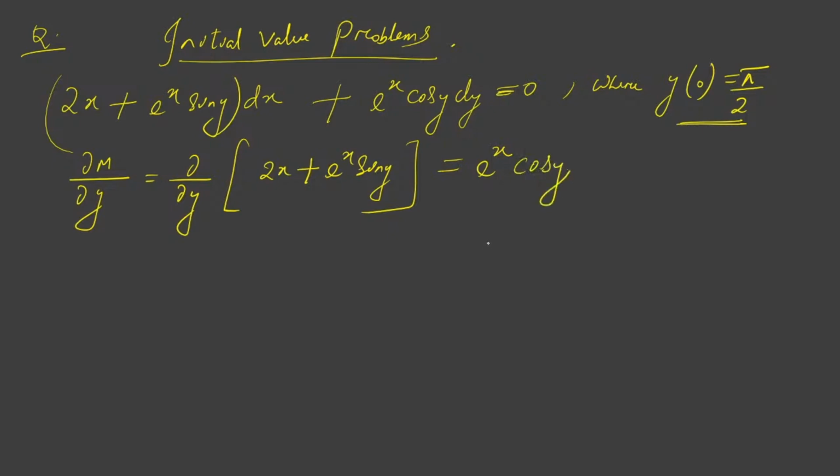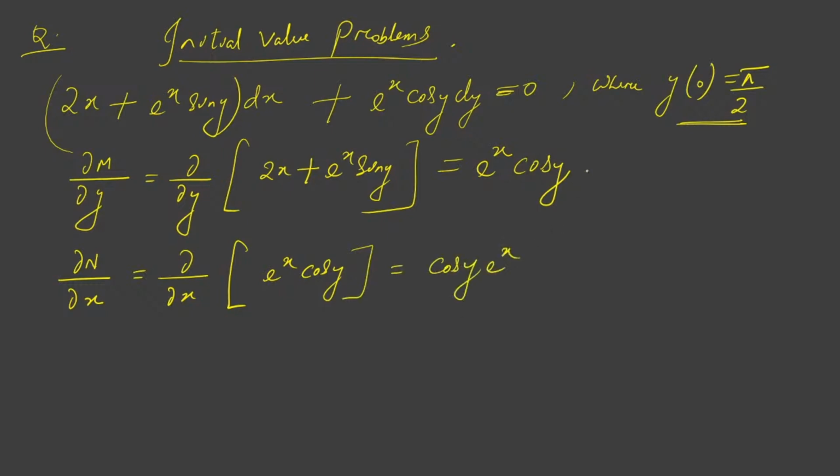So e to the power x cos y. Similarly, del N by del x is equal to del by del x of e to the power x cos y. So cos y stays outside, and we get e to the power x. So these two are the same. So it is an exact equation.